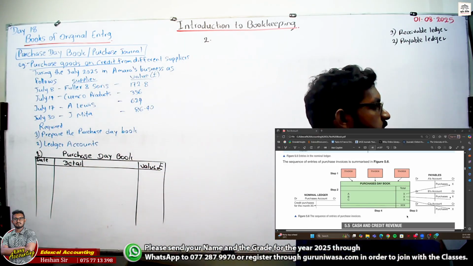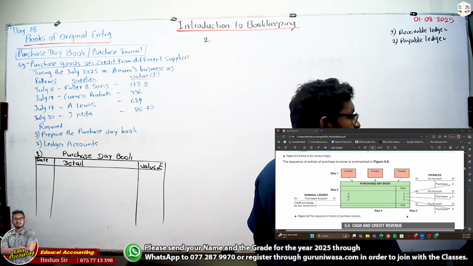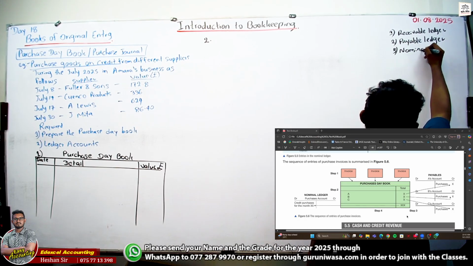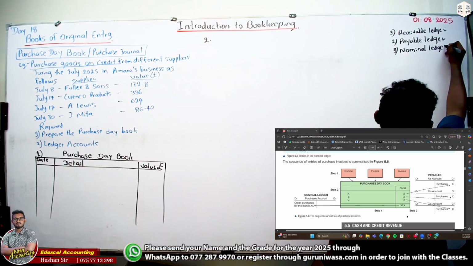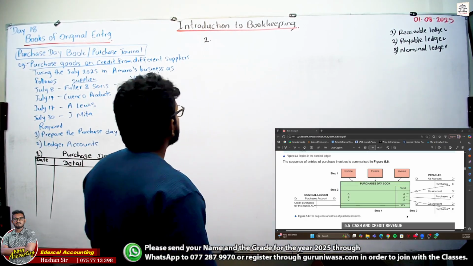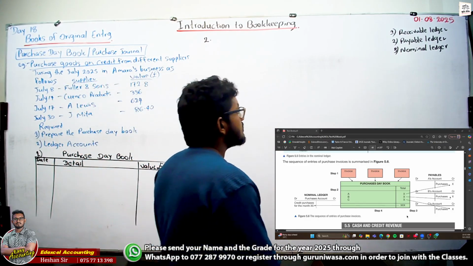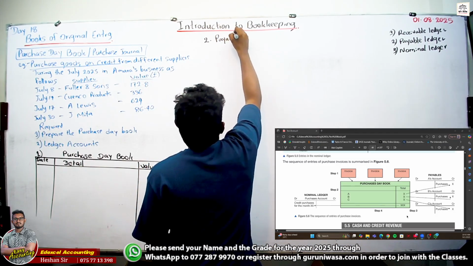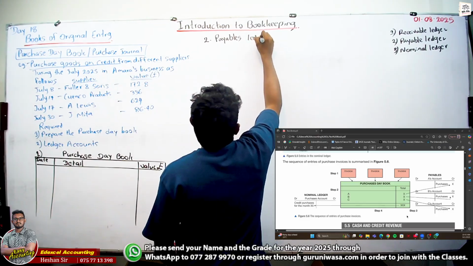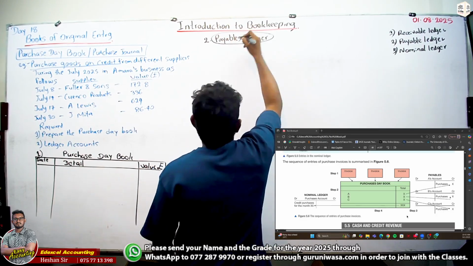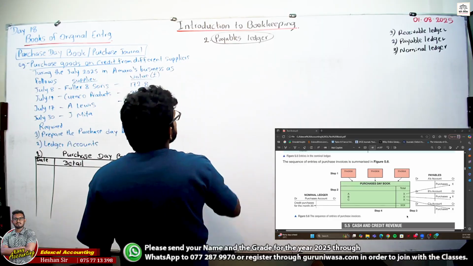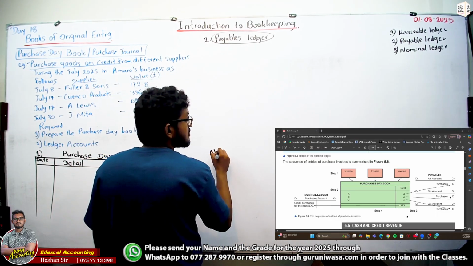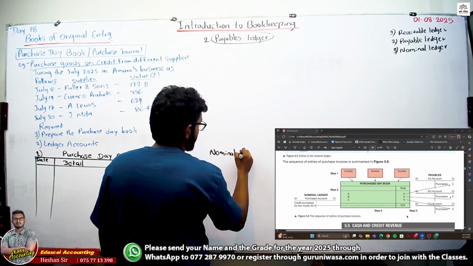But now all the payable suppliers' names we record in the payable ledger, and the other things we record in the nominal ledger.